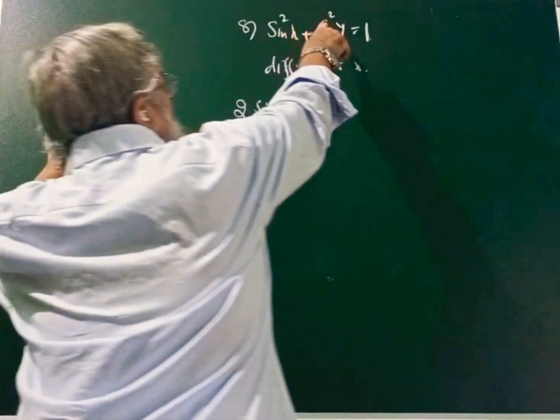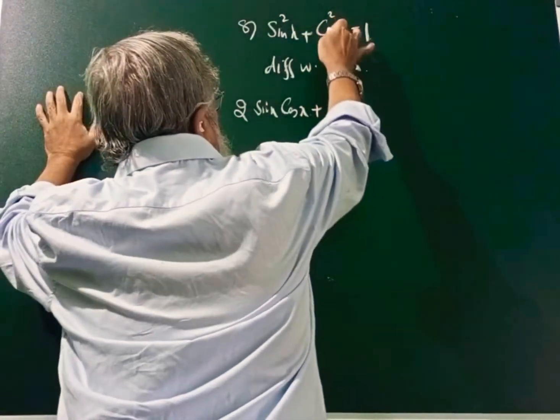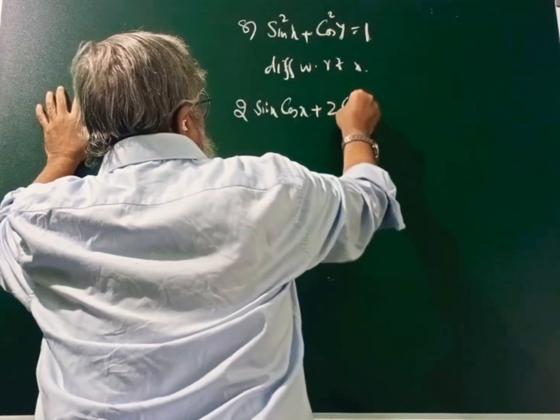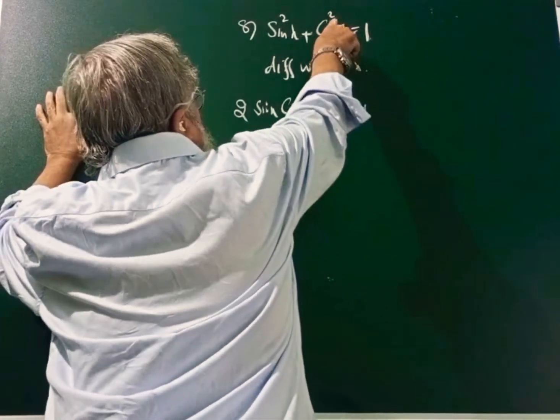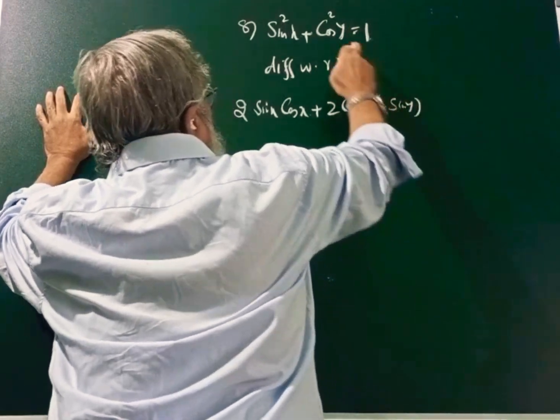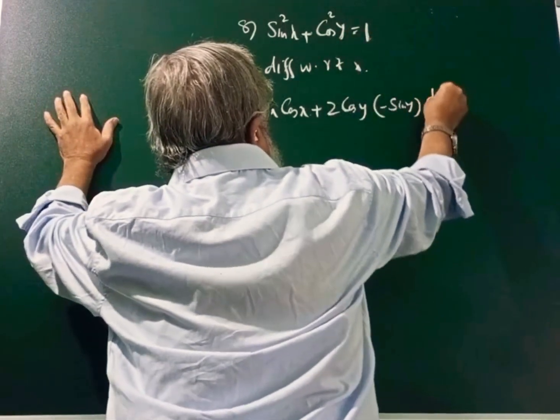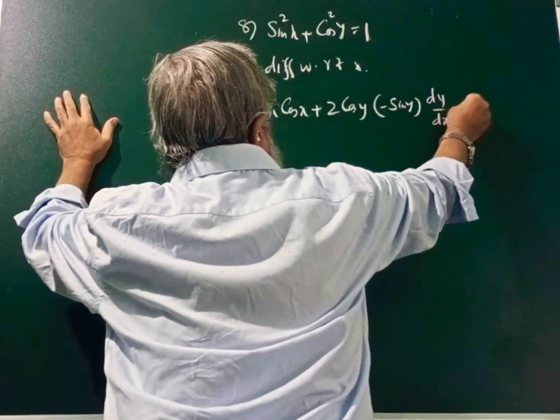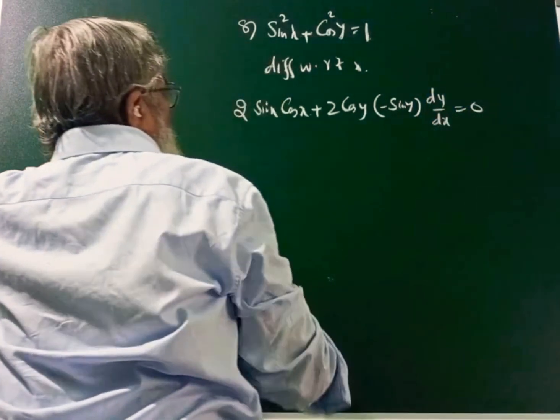Now, with respect to this power, differentiation of cos square y is 2 cos y. Now differentiation of cos y is minus sin y, and differentiation of y with respect to x is dy by dx. Differentiation of a constant is 0 here.